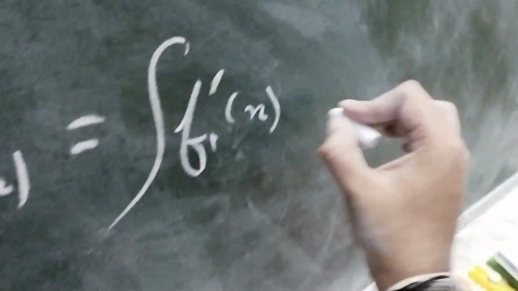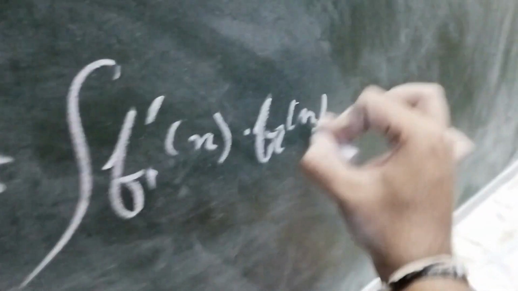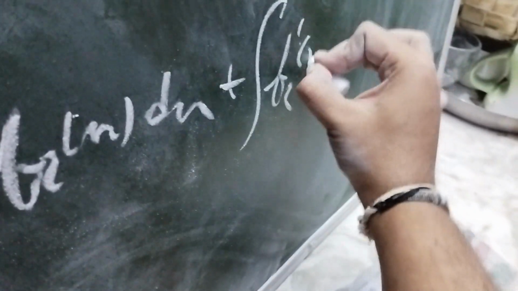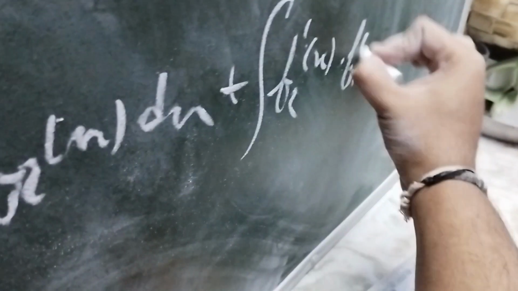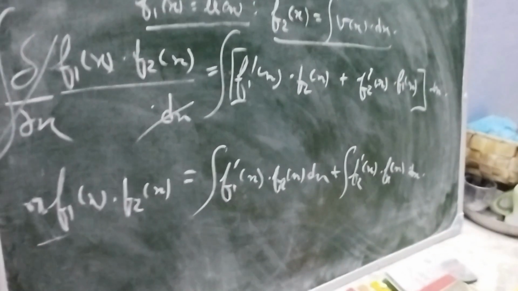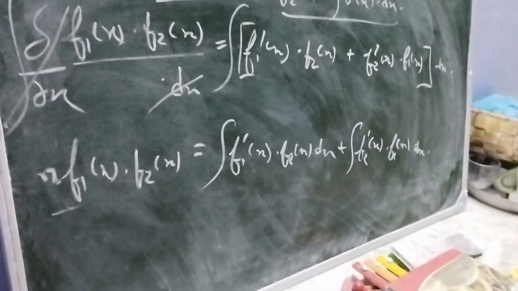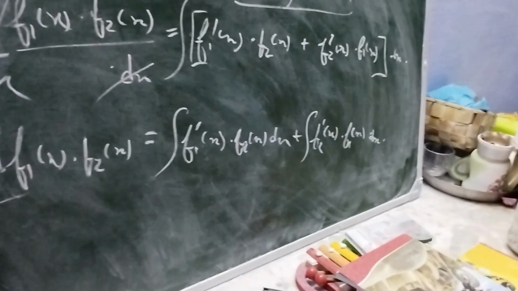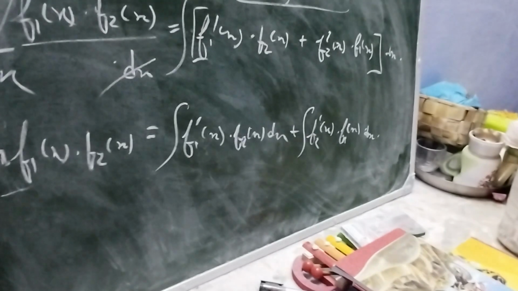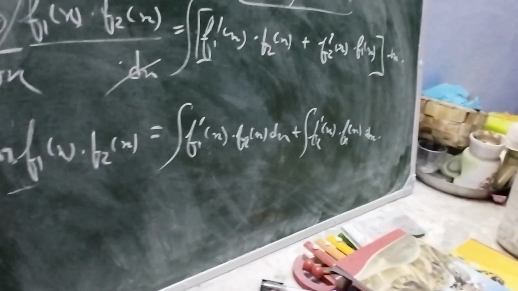Just dividing the upper integration in two parts, let's see what happens. Just algebraically differentiating both of them. I'm doing nothing else, just algebraically differentiating both of them. You can see they are quite the same. Now here you can see a very interesting thing. What is the very interesting thing?